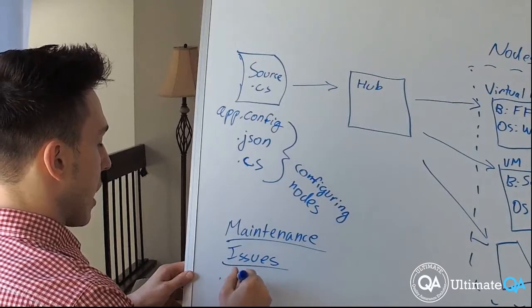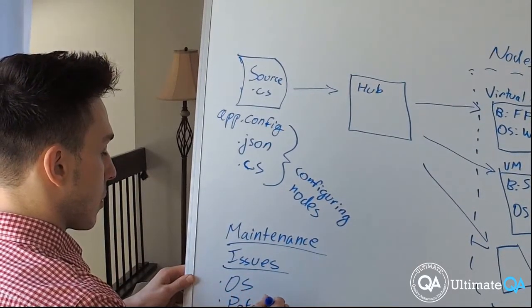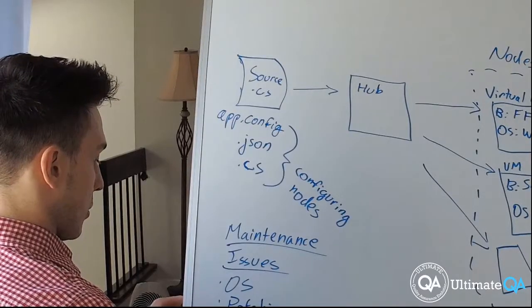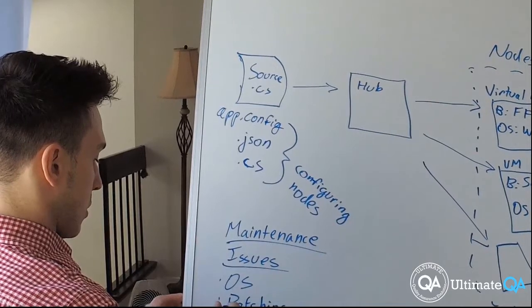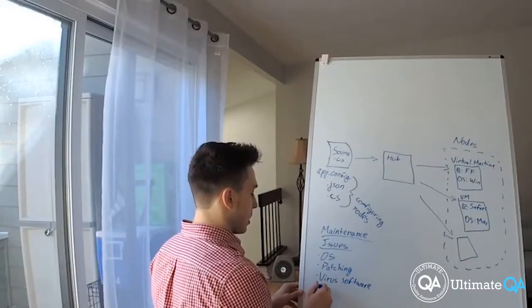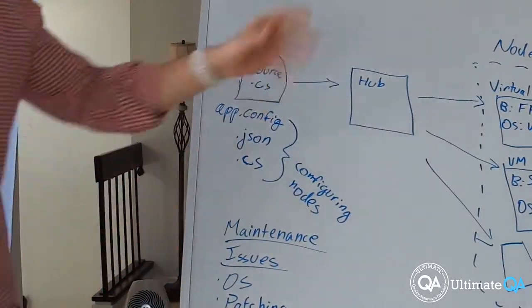You're going to have to maintain the operating system. You're going to have to do patching. You're going to have to update the virus software. You're going to have to update browsers.